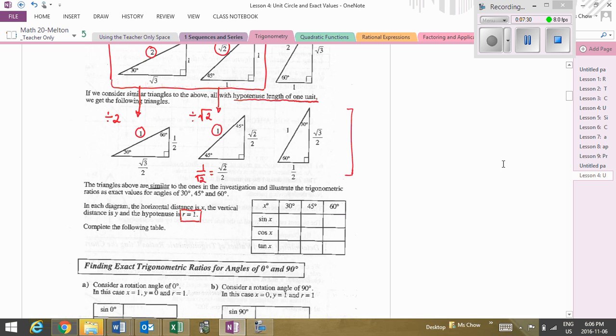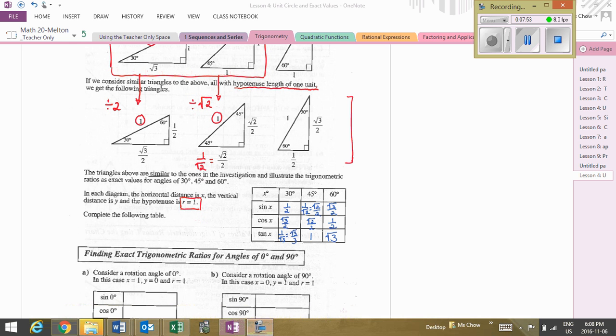If you get stuck at all, obviously you can go back and look at the special triangles. They are exactly the same. It's just a scaled down version of itself. So hit pause, complete this table right here, and then when you're all done, come back and we'll compare answers.